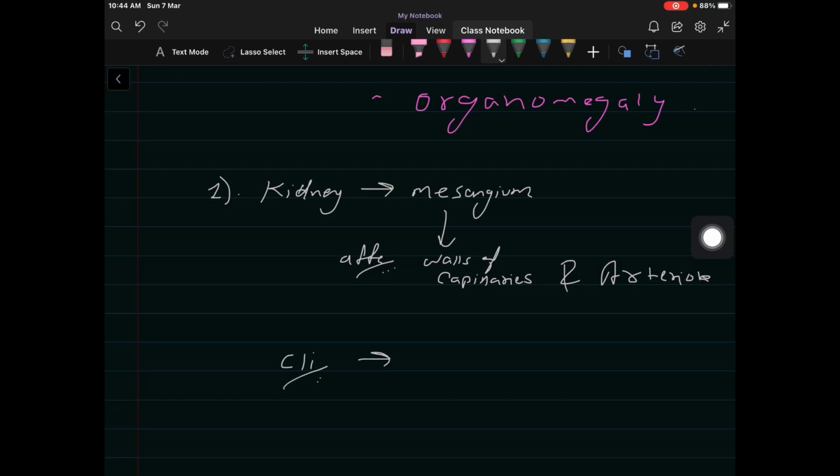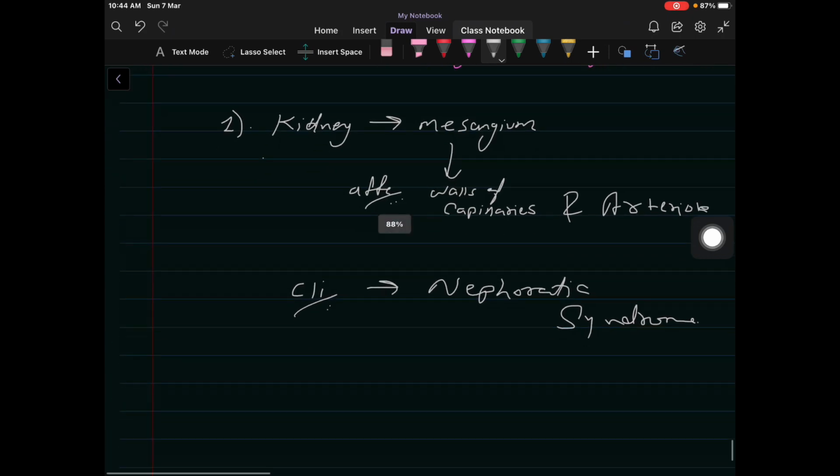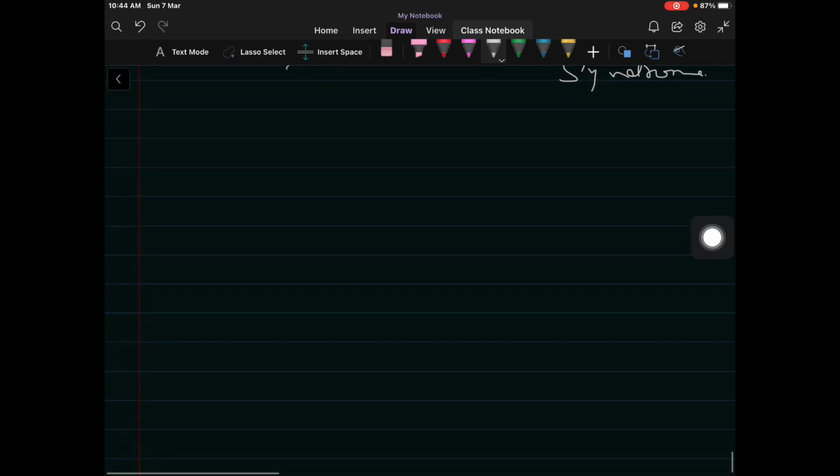The clinical manifestation to be remembered is nephrotic syndrome. Please take note that during kidney involvement, the most common biopsy is the renal biopsy.